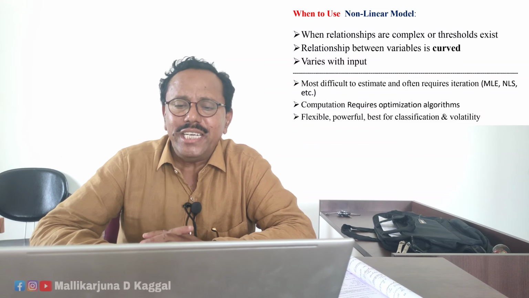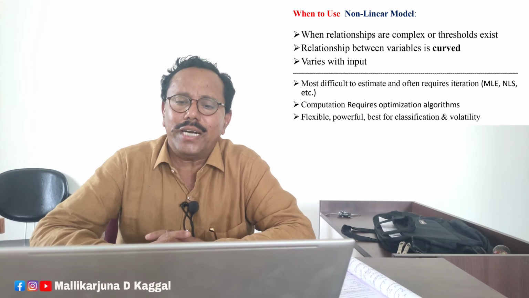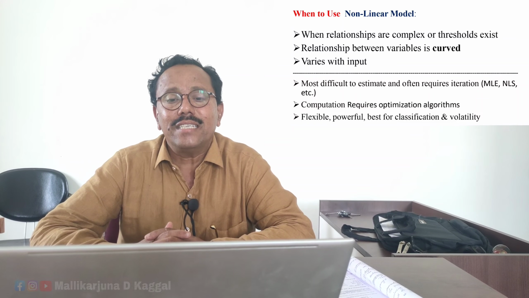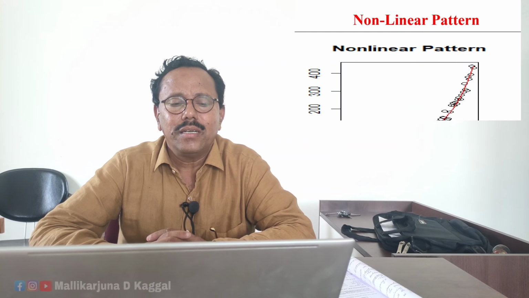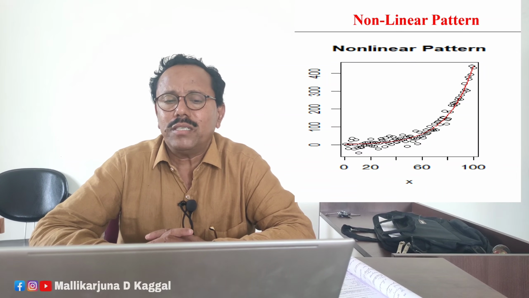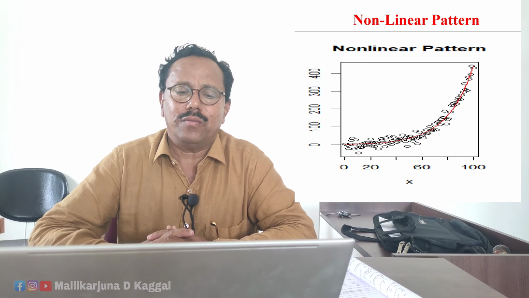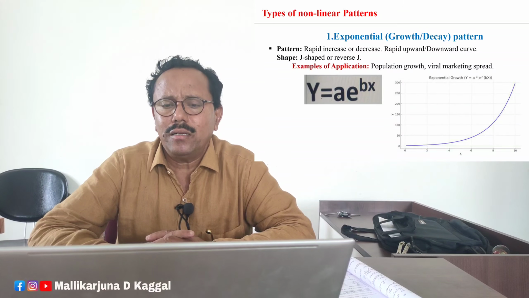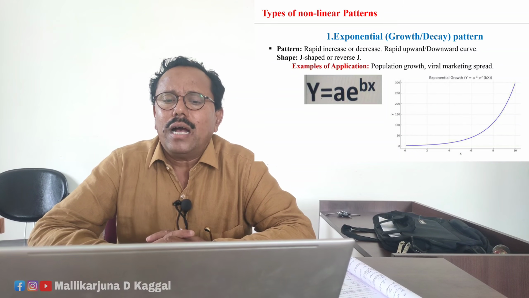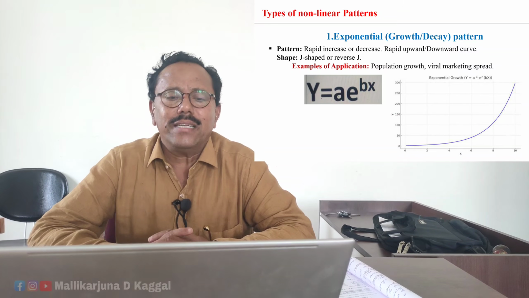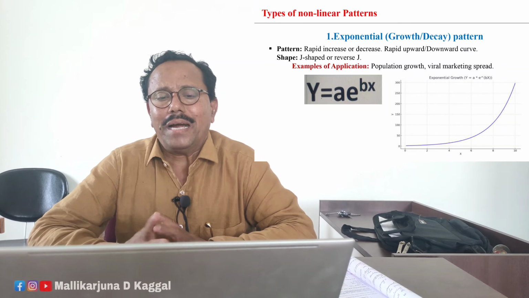Whether it is a rapid increase or decrease in any data, we say that it is an exponential pattern. This always has a J-shaped curve. Examples of this are population growth, which is an exponential growth pattern, and viral marketing spread, which is also an example of an exponential pattern.